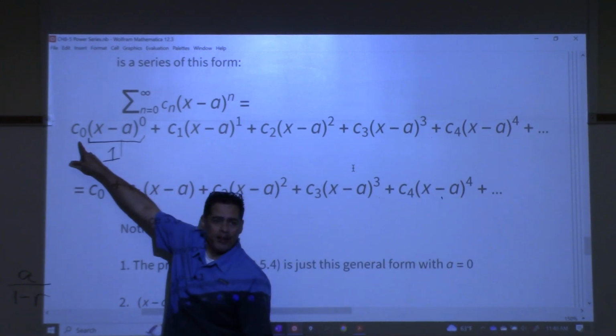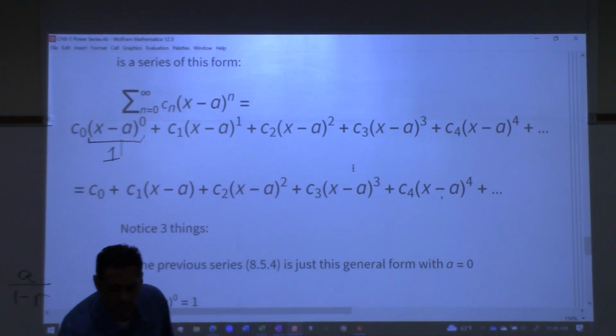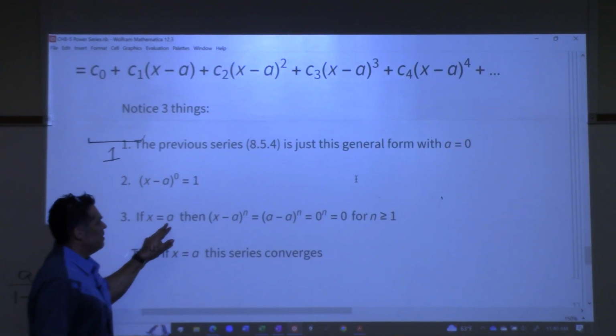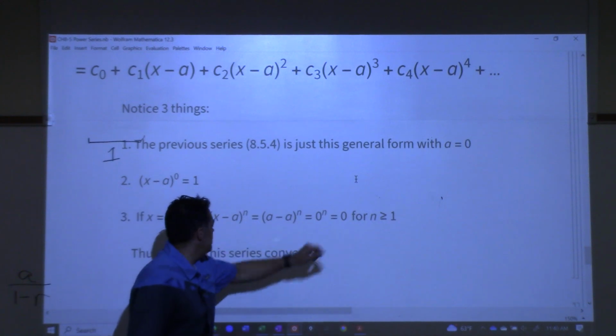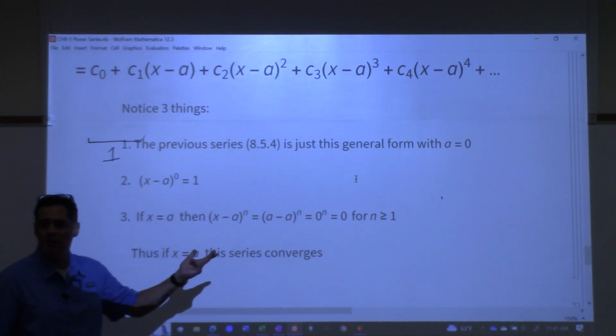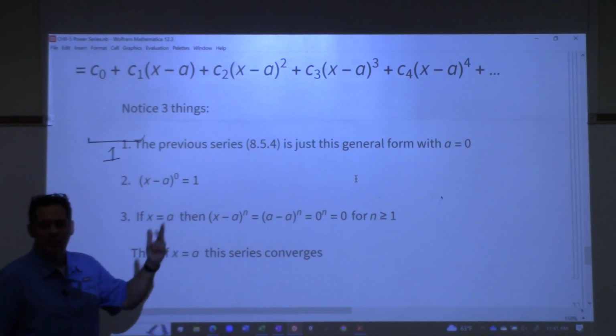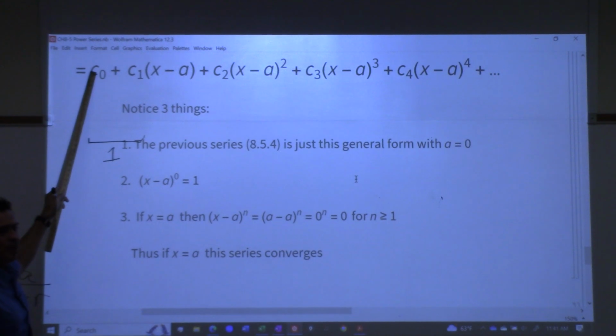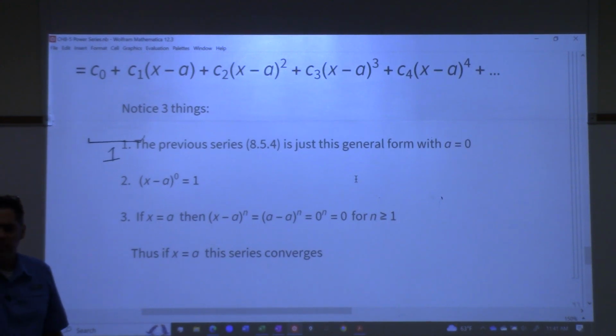So what would be left if I plugged in a for x? 1 times c sub 0. You would get your first constant. If x is a, then everything else goes away, right? You get 0. I didn't put it there, but it would converge, wouldn't it? Yeah. If I told you, plug in a, the only thing you'd be left with is this, just a number, and that's converging to that number.